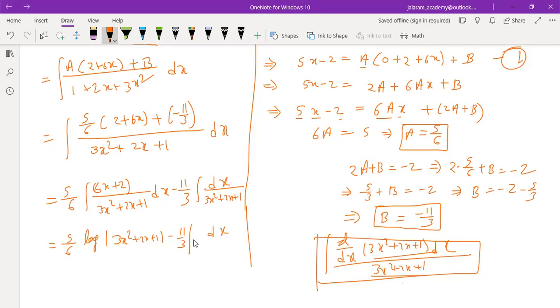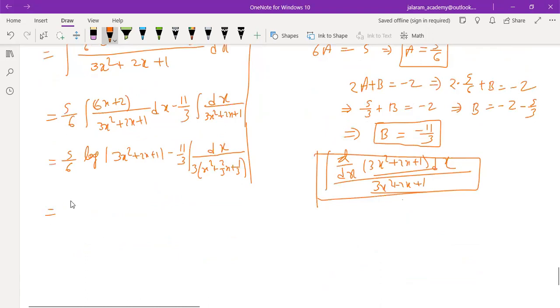Yes, sir. Now in this, the coefficient of x square is not 3. So first we take 3 common into x square plus 2 by 3x plus 1 by 3. So the first term is written as it is, 5 by 6 log 3x square plus 2x plus 1.